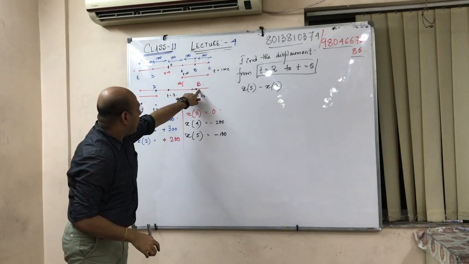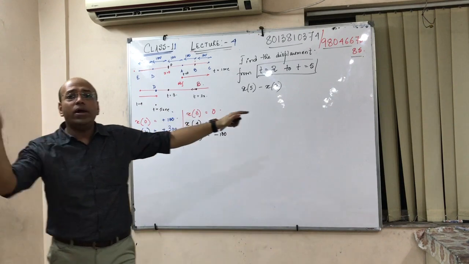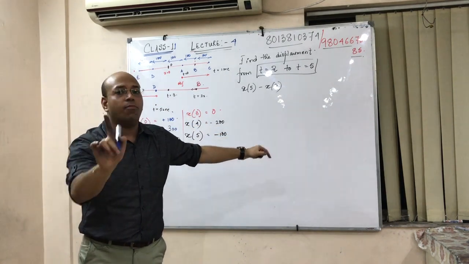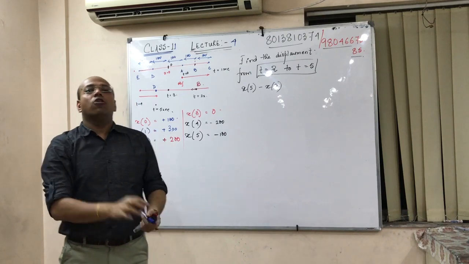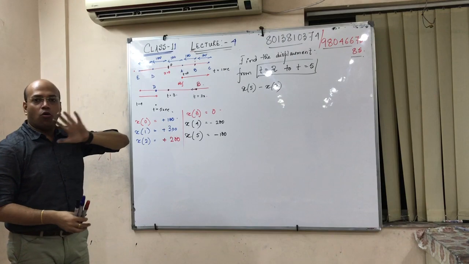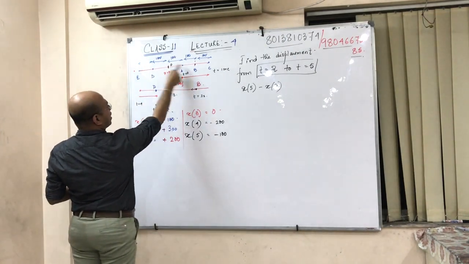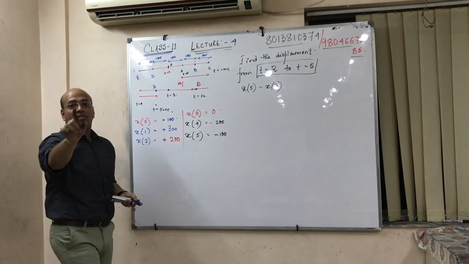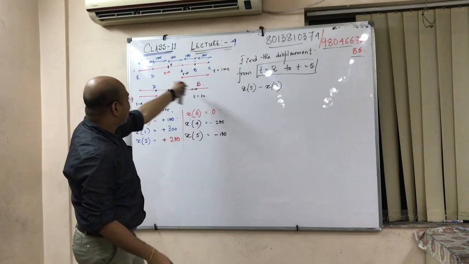So from B to D, how it has moved does not matter. We are only worried about from B to D. Finished. So B is 200 and D is 100, so from B to D it will be 300. But in which direction? In this direction.